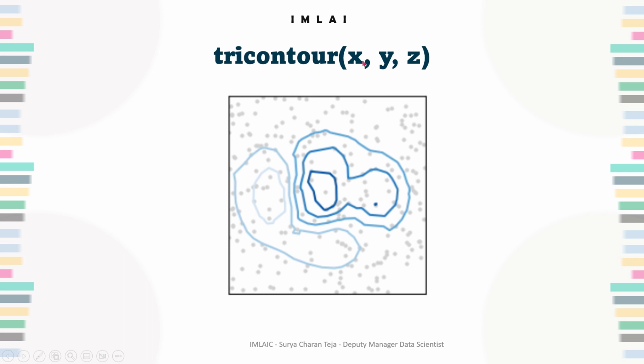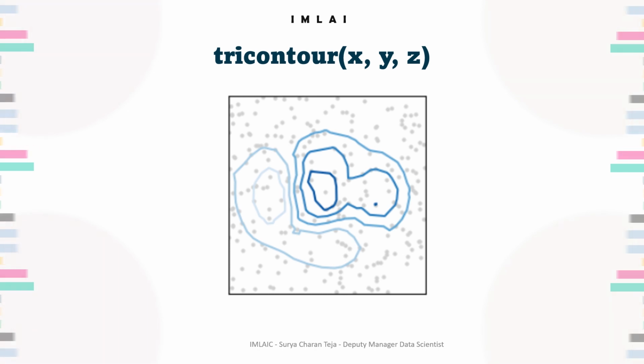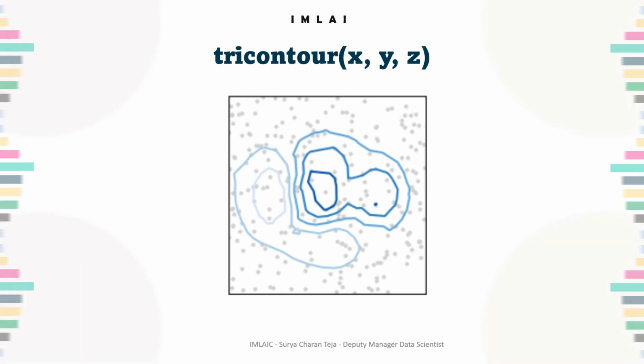It consists of different arguments. Out of that, the bare minimum arguments that are required are x comma y. These parameters are the x and y coordinates of the data which is to be plotted. After that you will have the triangulation argument.